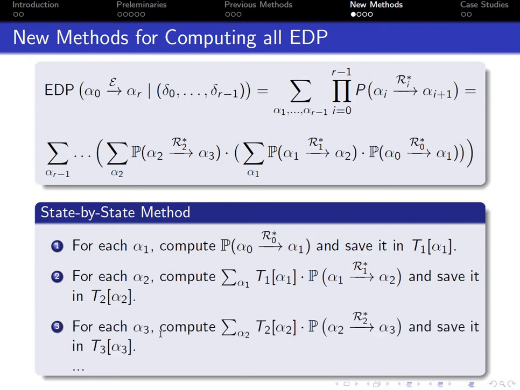In the third step, using the values of table T2, for each value of alpha 3, we compute this equation and again save it in another table T3, which is indexed by alpha 3. We continue in this way to reach the expected differential probability of this differential.